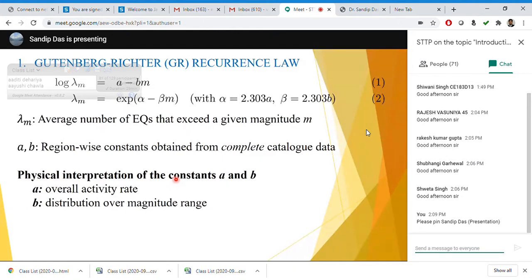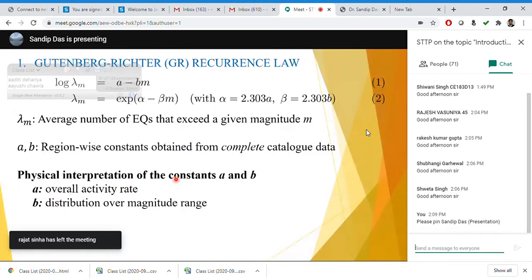That means a constant is there, and it is decreasing with increasing m. It is quite common sense that if your magnitude is very large, that means you are talking about a very large size of earthquake, then of course that number will be reduced. You cannot experience too many frequent large earthquakes, right? And that number actually reduces exponentially. That is the reason when you take log, you are getting a linear decay.